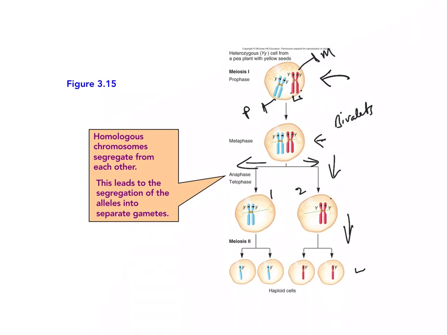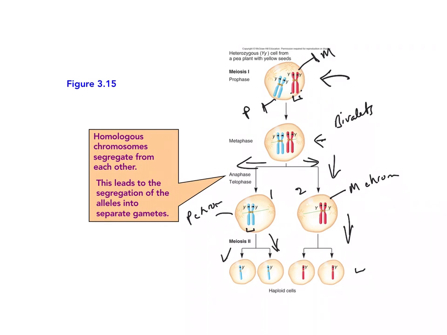So now we've got the maternally inherited chromosome here and the paternally inherited chromosome here, each with its two sister chromatids, or its copy. Those are going to segregate again into two different cells.